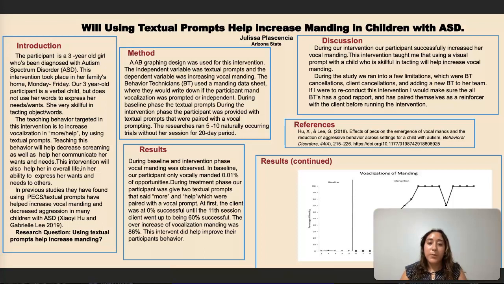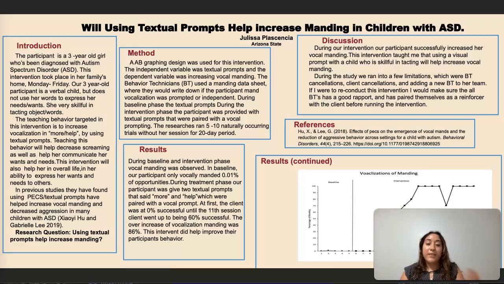But if I would have had more time, I would have liked to do a multiple baseline design across behaviors because she is tantruming when she's not able to express her wants and needs, because she just doesn't have that skill to verbally say her wants and needs.